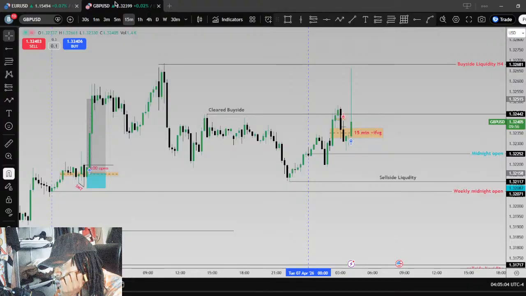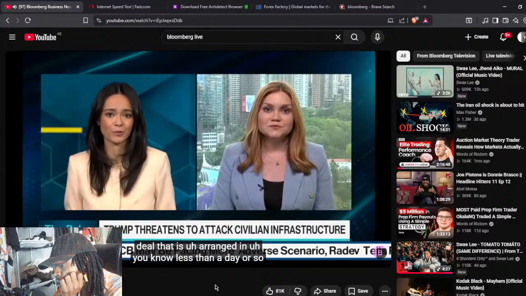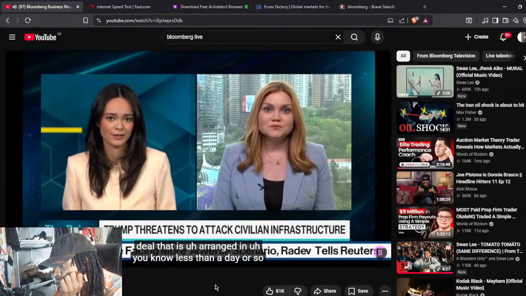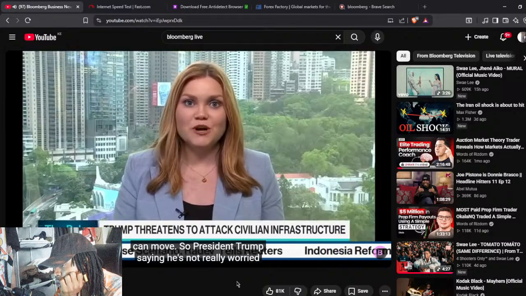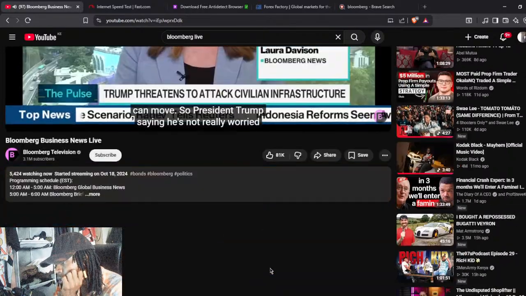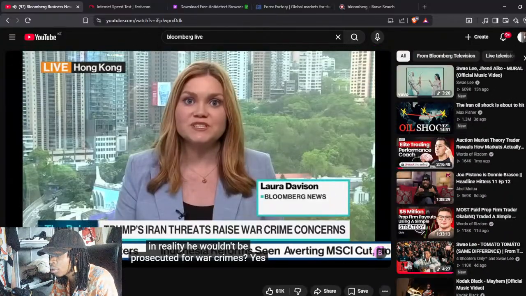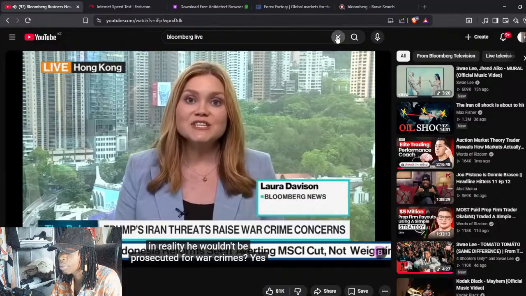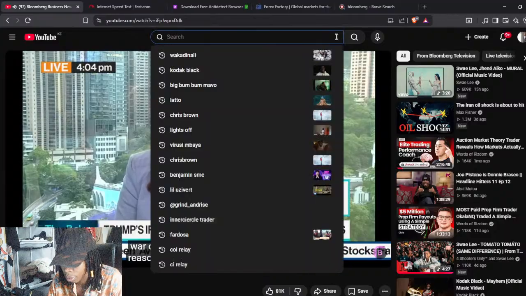So President Trump saying he's not really worried about being prosecuted for war crimes. Laura, is that because in reality he wouldn't be prosecuted for war crimes? Yes, it would be very difficult for Trump to be prosecuted for war crimes, and there's a couple reasons for that. One, that he's very much protected within the United States. There was a Supreme Court decision earlier this year that essentially gives him near blanket immunity for many of the actions he takes as president.